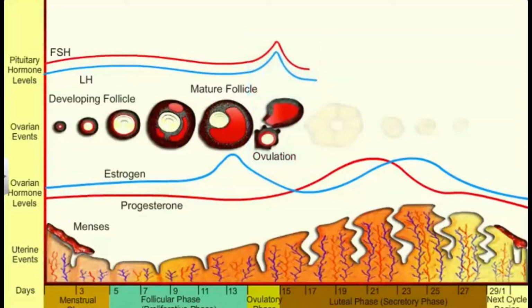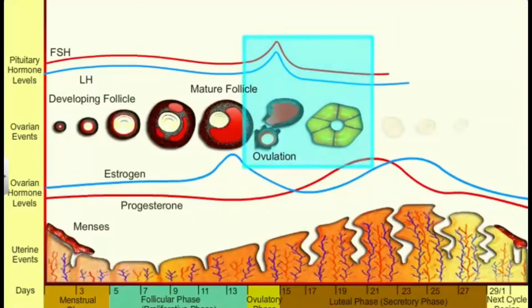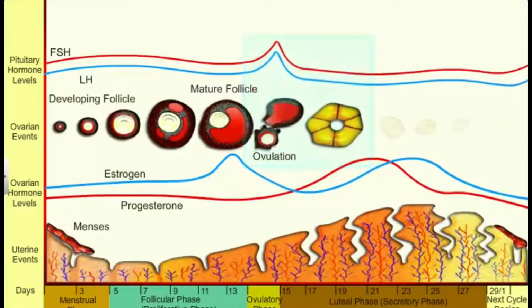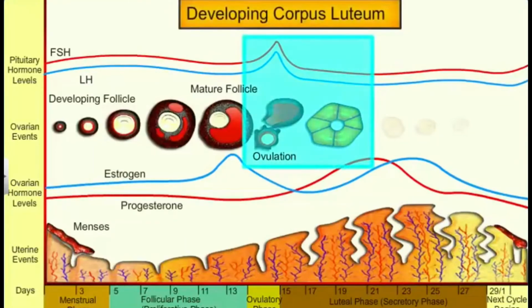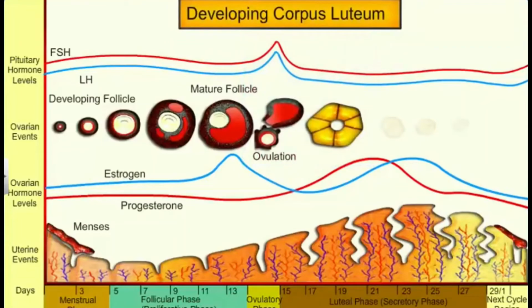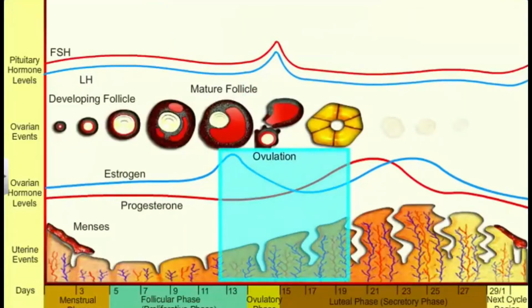This LH surge causes ovulation by rupturing the Graafian follicle and turning the follicular remnants into the corpus luteum. The estrogen level in the body too reaches its peak, and we see a gradual thickening of the endometrium.